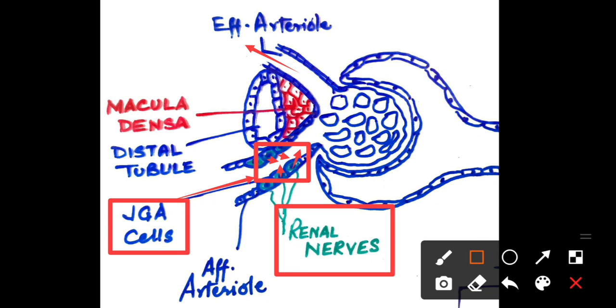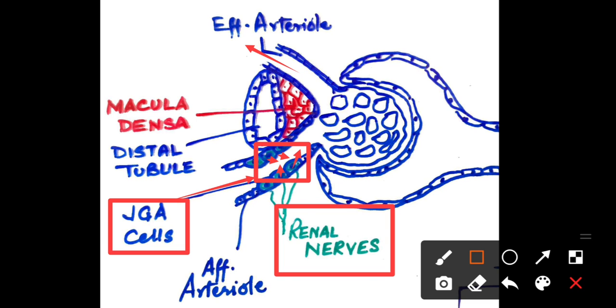So the first step is secretion of renin by the secretory cells of the JGA. This renin will convert the alpha globulin into angiotensin 1. Now angiotensin 1 is a 10 residue peptide, and it is present in the blood.